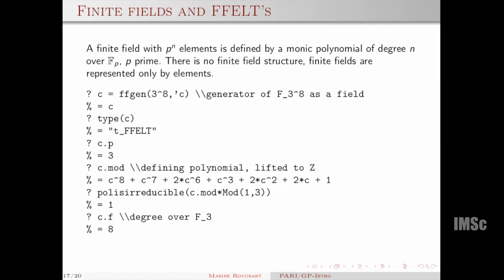Here you put a quote C saying that the polynomial which defines your finite field, I mean this polynomial field, well, here we are on Fp of something over a polynomial, and here I say that I want my polynomial to be in the variable C.